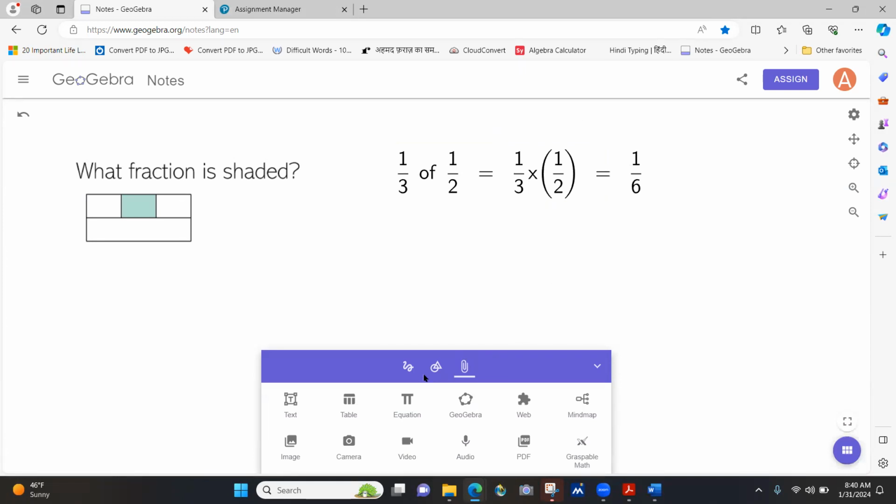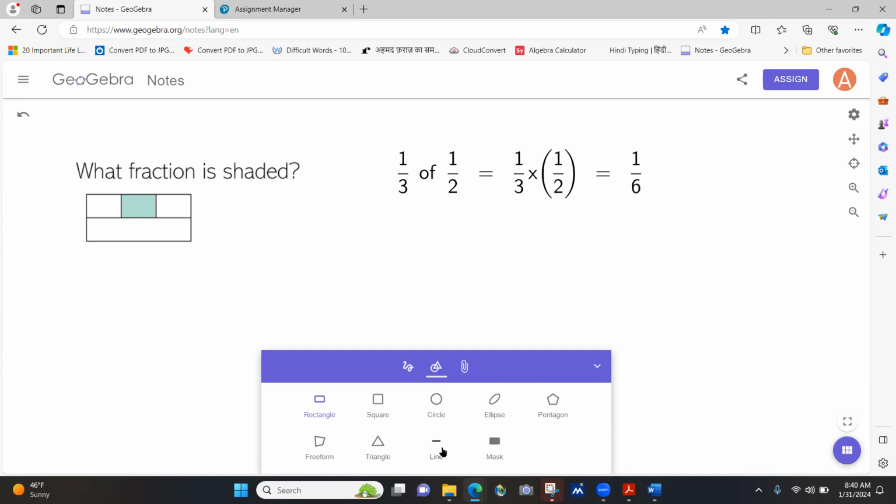The other way you can do it is by cutting things into equal pieces. So you're going to cut it further. Now, what part of the rectangle is shaded?